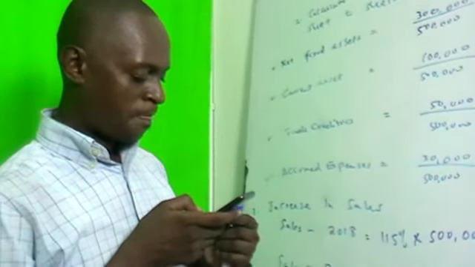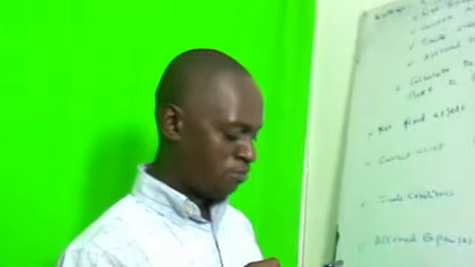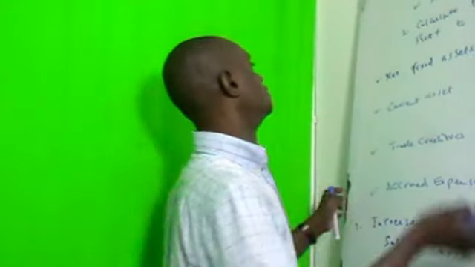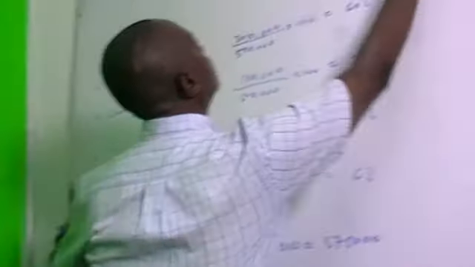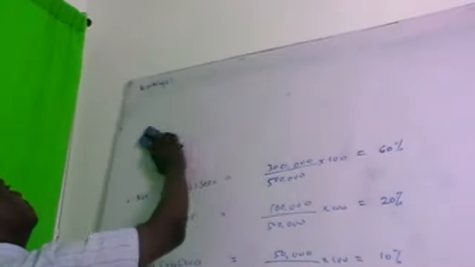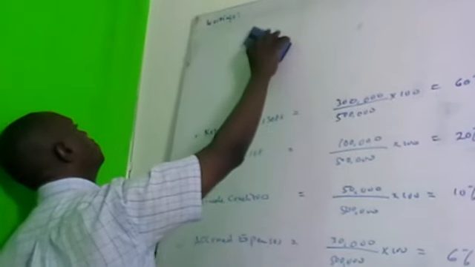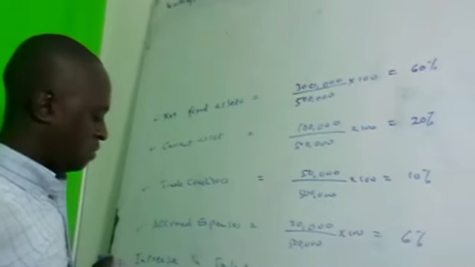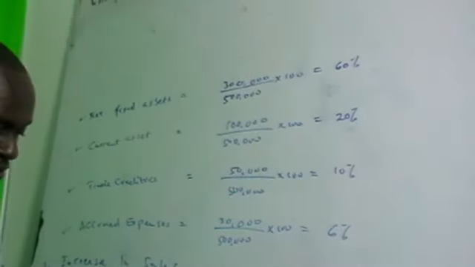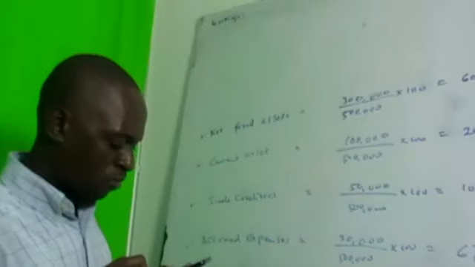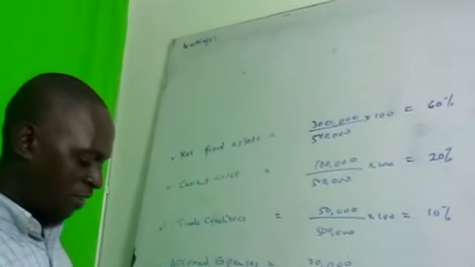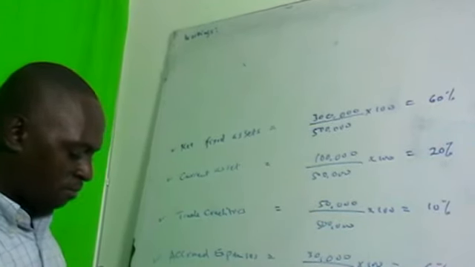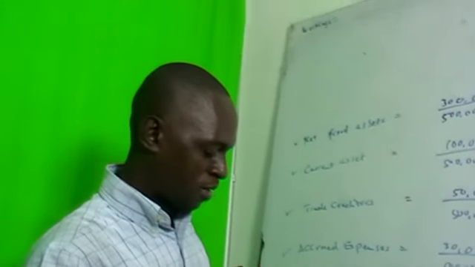Now working number 4, we now need to compute the amount of external financing required. So working number 4, we need to compute the amount of external financing required.